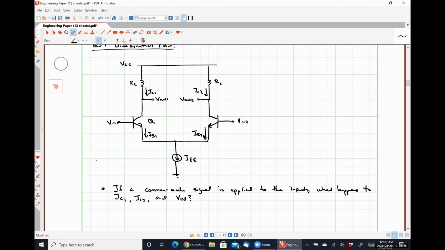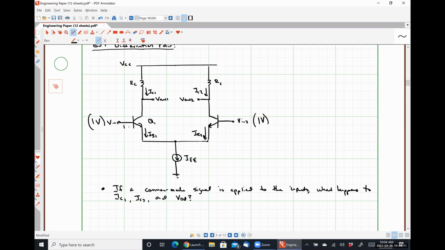What can we say about the base emitter voltages of both of the transistors? Thoughts? To be clear, 1 volt, 1 volt.